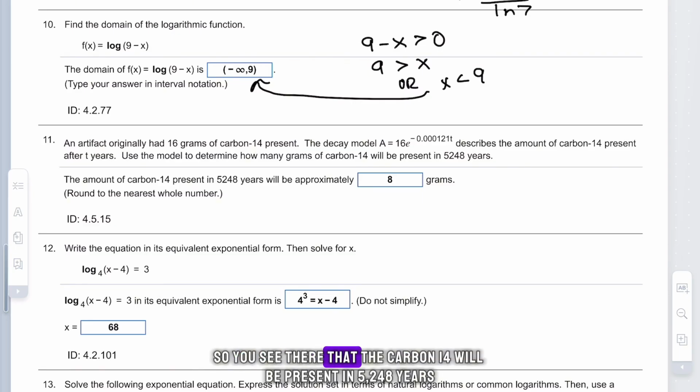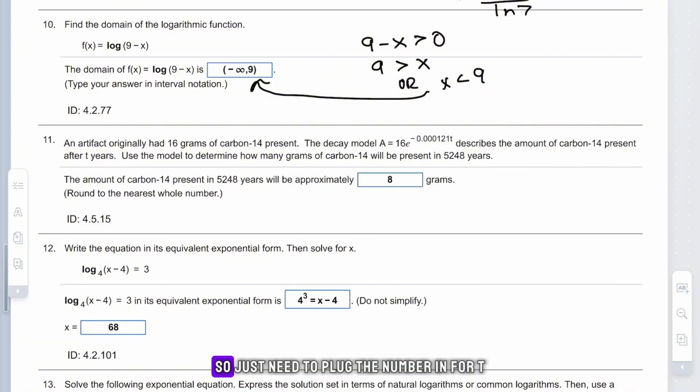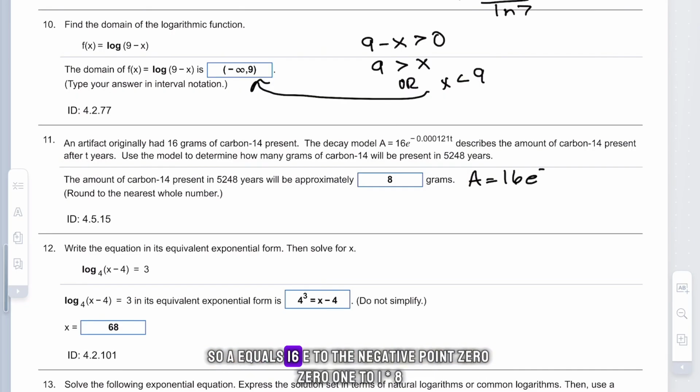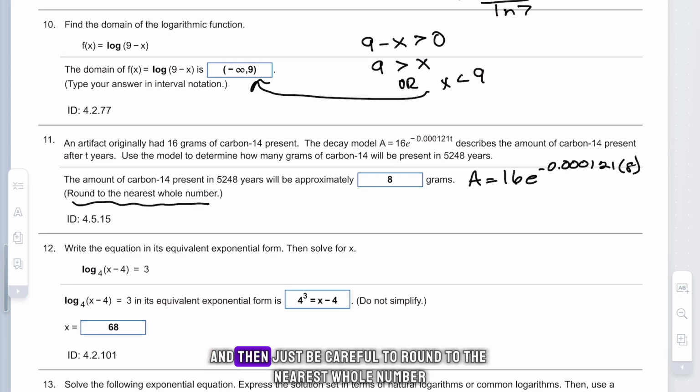So you see there that the carbon 14 will be present in 5,248 years. So you just need to plug the number in for t. So a equals 16e to the negative 0.00121 times 8. And then just be careful to round to the nearest whole number.